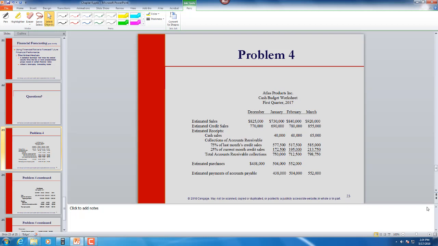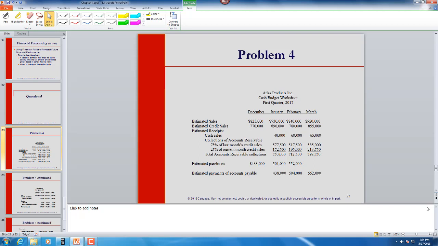This is problem 4 in your textbook. It's on page 138. We are going to be working on this problem. Prepare a cash budget for Atlas Products Incorporated for the first quarter of 2017 based on the following information.